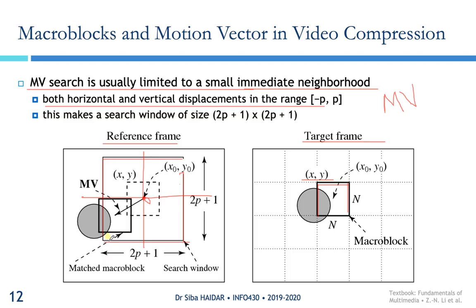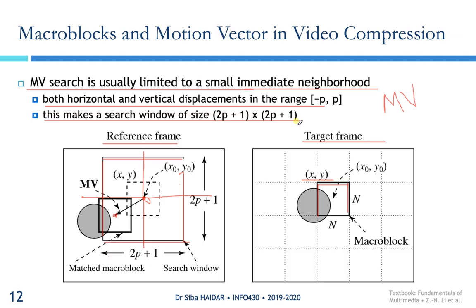If I don't find it, I don't find it. For example, here I found it. This is the center of the reference macro block, so this is the matched macro block. Now I will see how I search, but in this slide I am only stating that we have to do the search in a window of size 2P plus 1 times 2P plus 1.